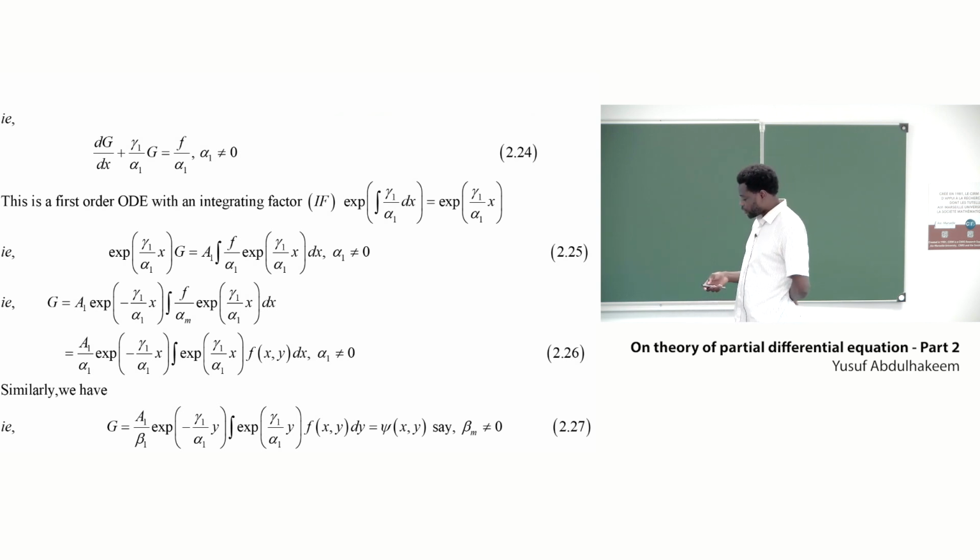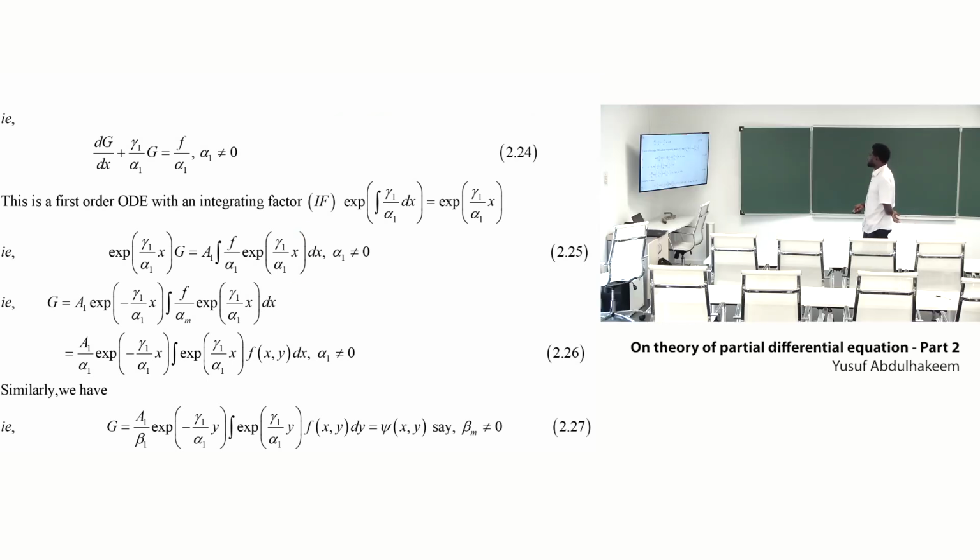Then again, following the same process as we explained earlier, we are going to introduce the integrating factor. Of course, we know that the coefficient of g here is gamma 1 divided by alpha 1. So the integrating factor we are going to assume is going to be of this form, which is this, for gamma 1 and alpha 1. The same thing will apply.